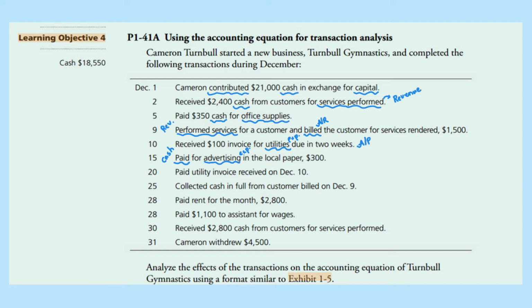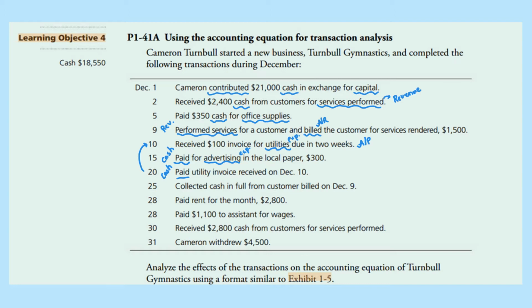On December 20, paid utility invoice received on December 10th. So it's related to December 10th. I paid. Again, paid means my cash decreased. I paid for utility invoice received on December 10th. So I did not pay for utilities expense.